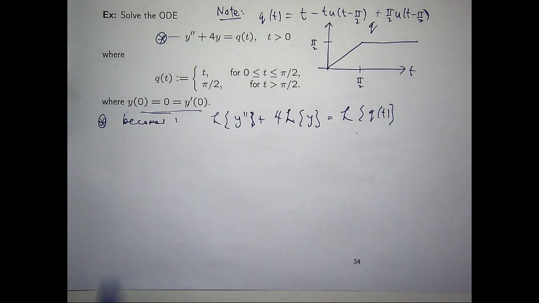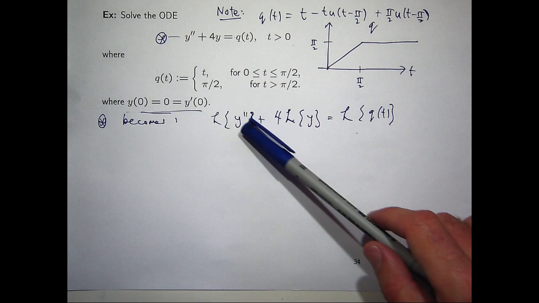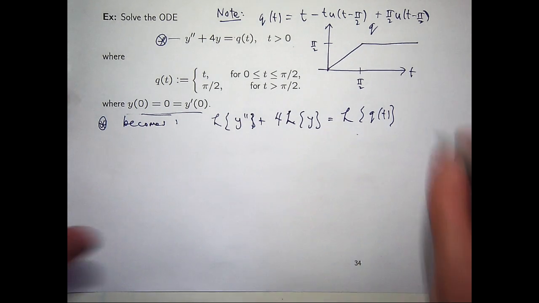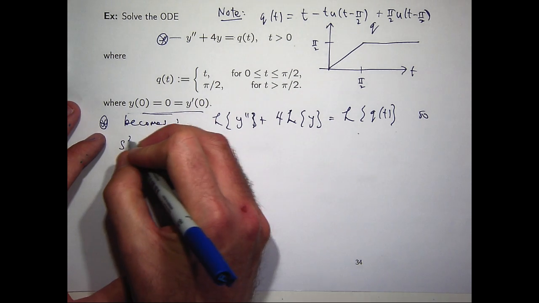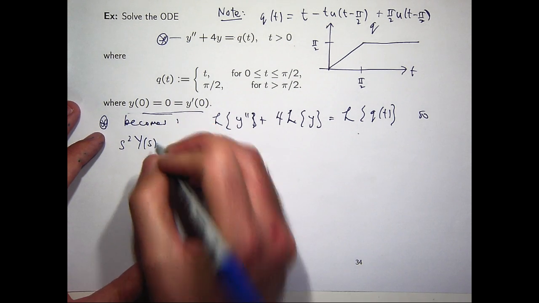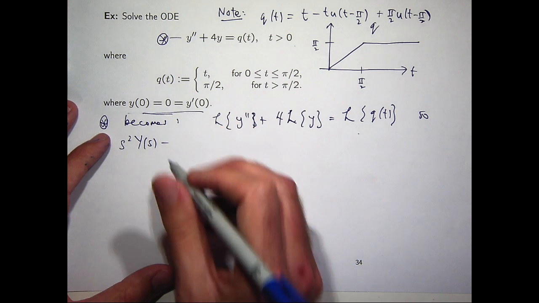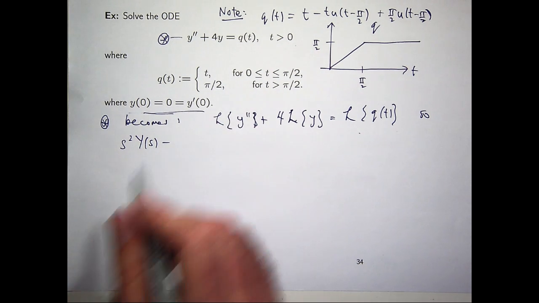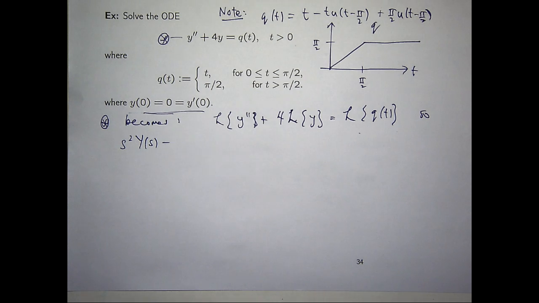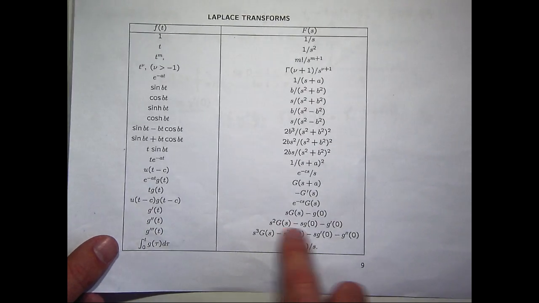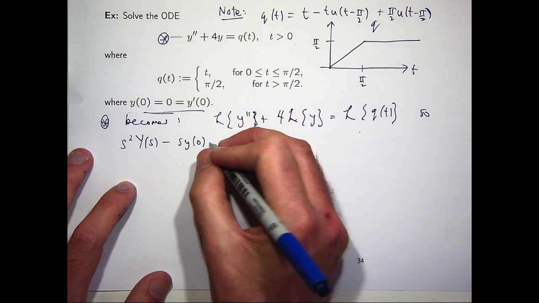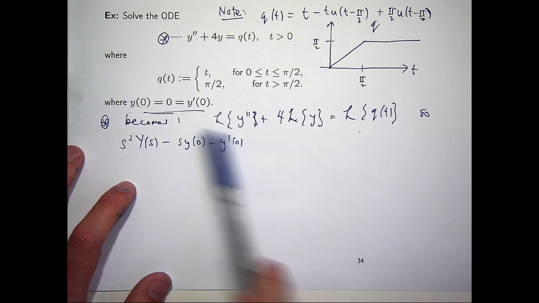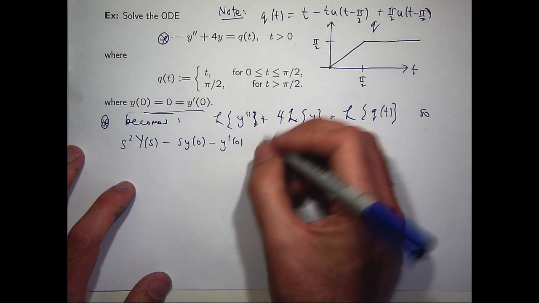Okay? Now, using transform of derivatives, I can come up with the following. So it's going to be, okay, that minus that. Okay, so by transform of derivatives, this is just this.